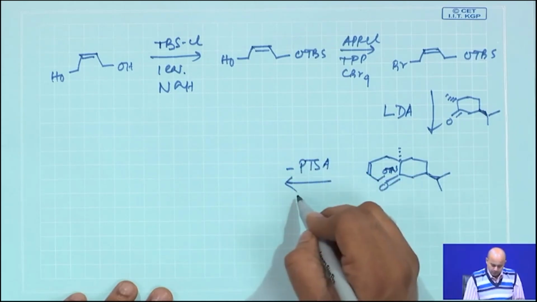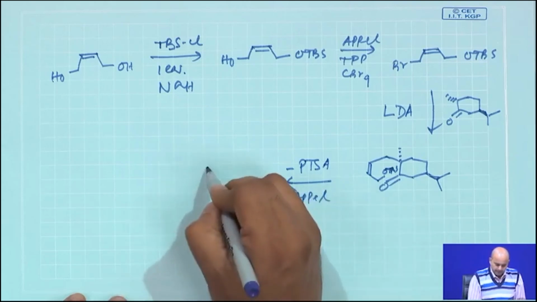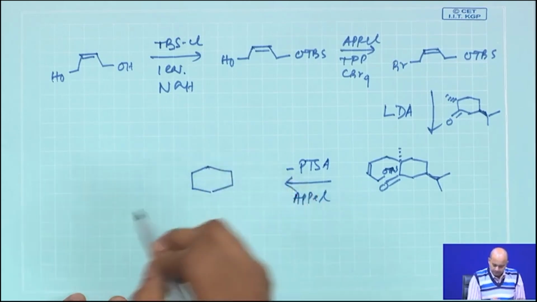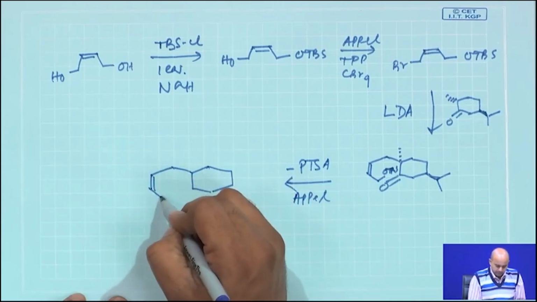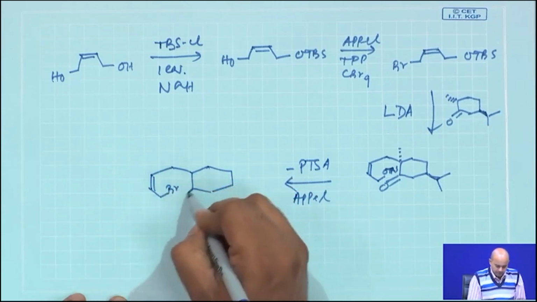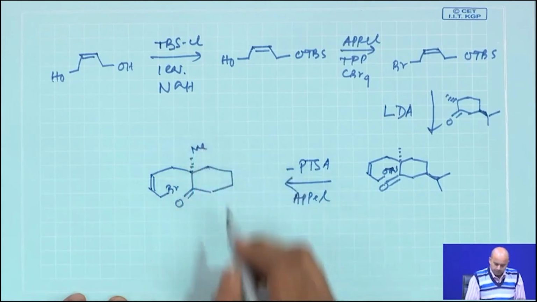Then you do this Appel again. So, now what we will basically get is this Br, the double bond O will remain here, and you put this methyl.